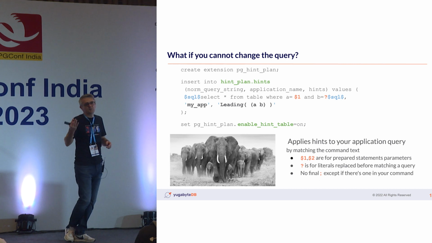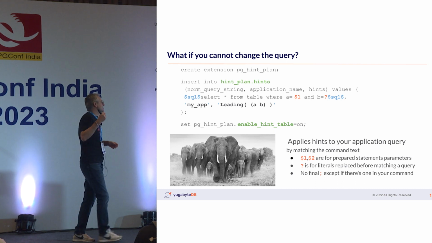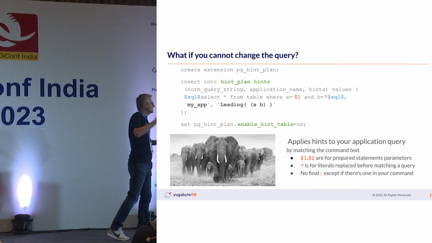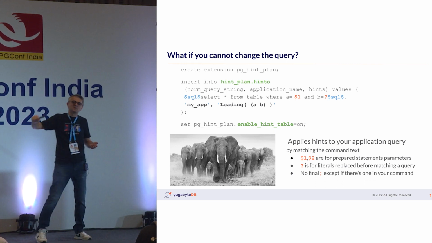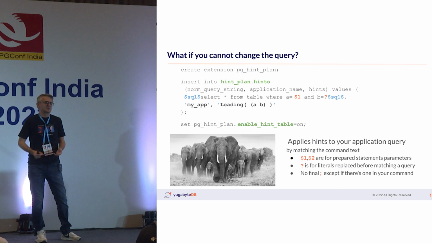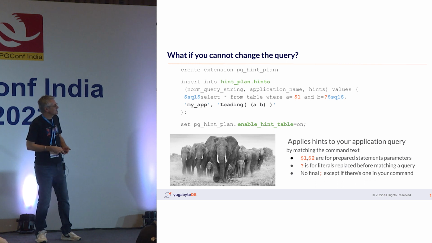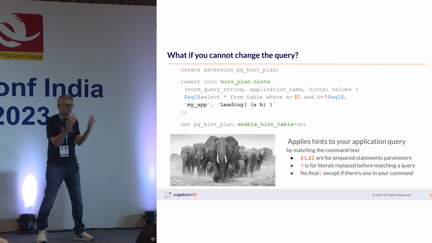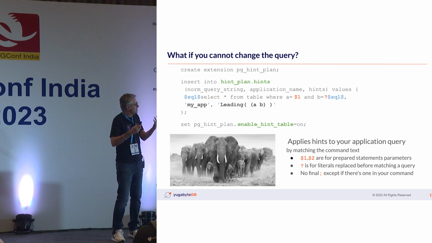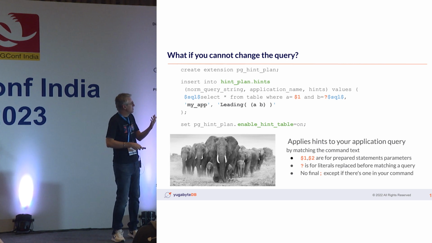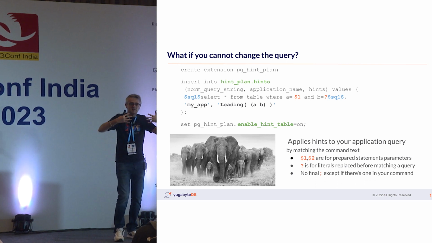And also something to remember, I had the problem many times. I just run my query on psql with a semicolon at the end to execute it, but do not put the semicolon when you insert it in here, because it will really be compared. pg_hint_plan will take your query, replace all literals by a question mark, and then compare it.